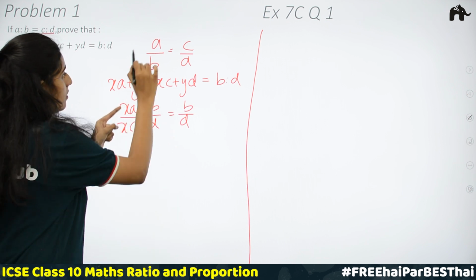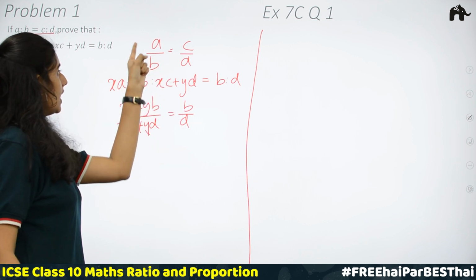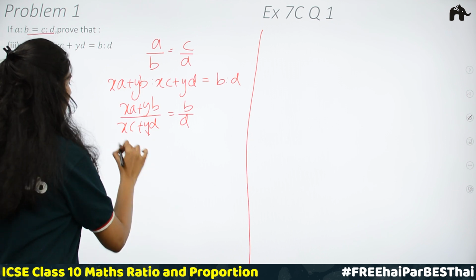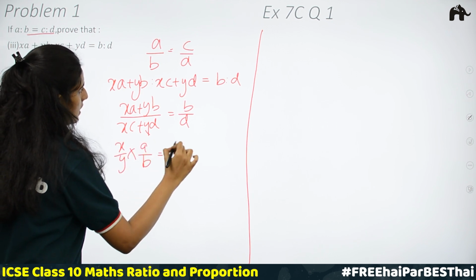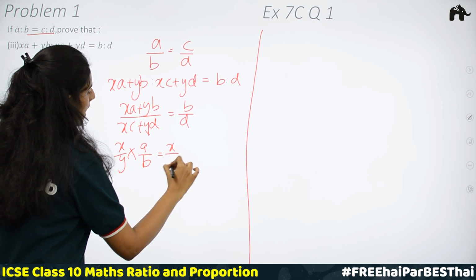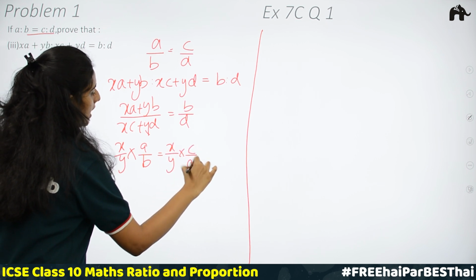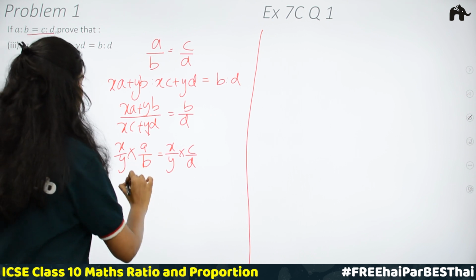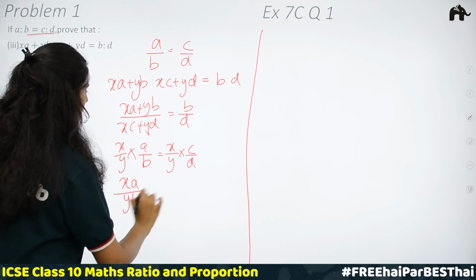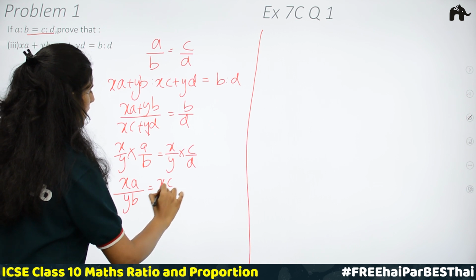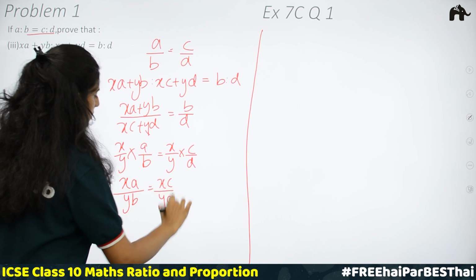To get this, we have to multiply with x by y. X by y into a by b is equal to x by y into c by d. Okay, that is xa by yb is equal to xc by yd.